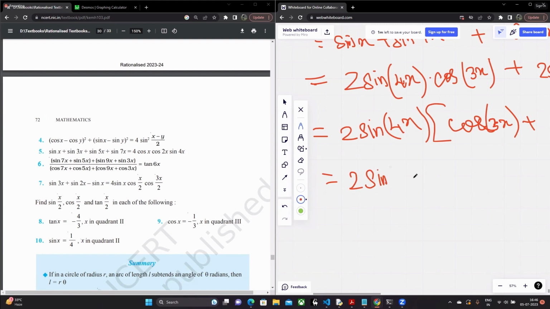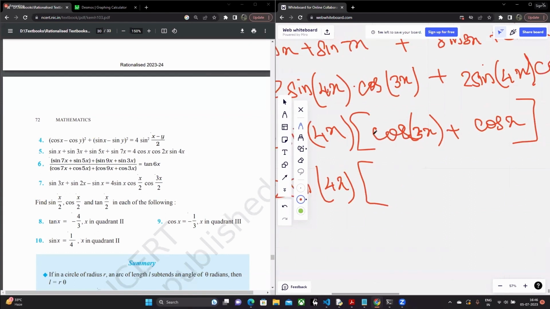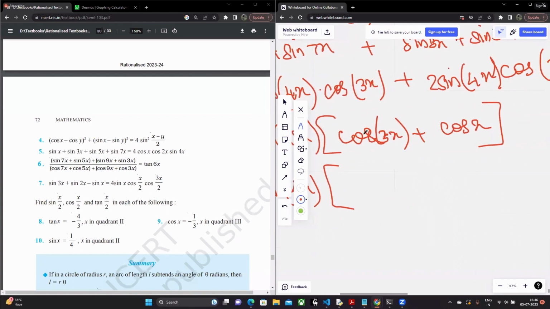And this, again, you're going to use the formula, right? This is 2 sin 4x times cos 3x plus cos x. That is going to be 2 times cos of (a plus b) by 2, that's cos 2x, and (a minus b) by 2, that's cos x.